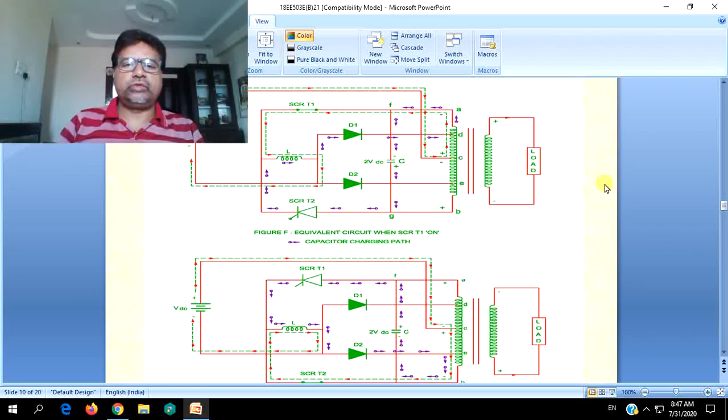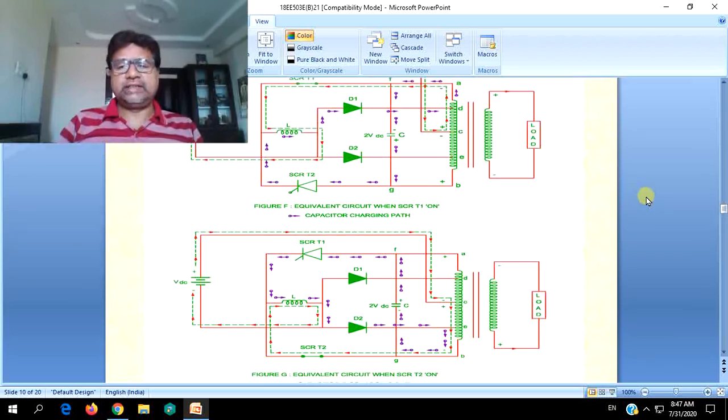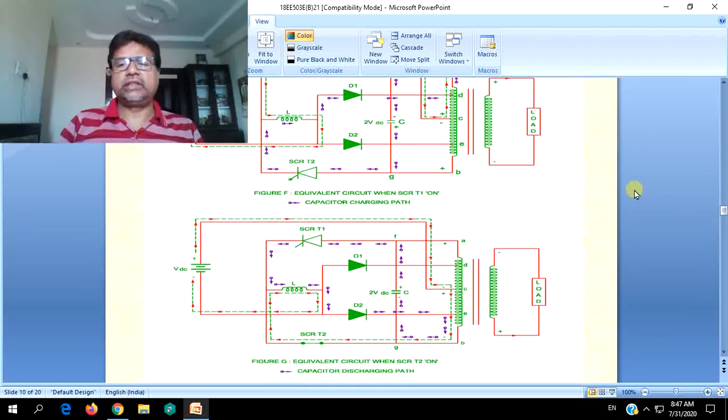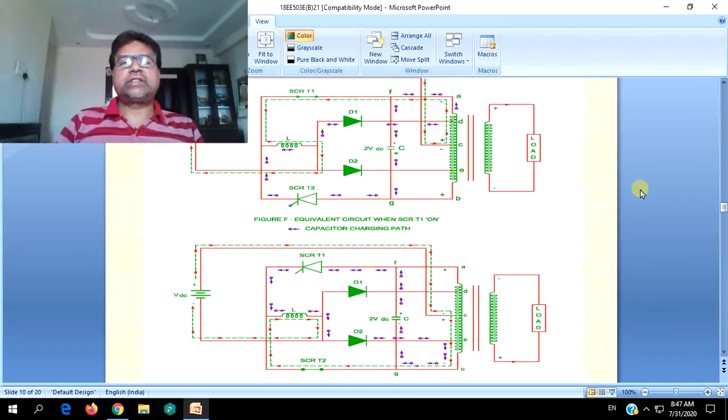Likewise, SCR2 will be turned on in the positive half cycle as well as the negative half cycle, so that each SCR will be conducting over a quarter cycle in a given full cycle. That is how, in single phase, the given DC source voltage will be converted into a single phase AC having full cycle.